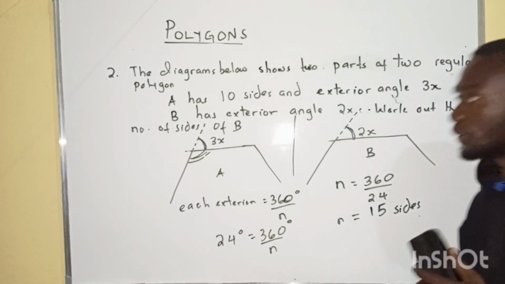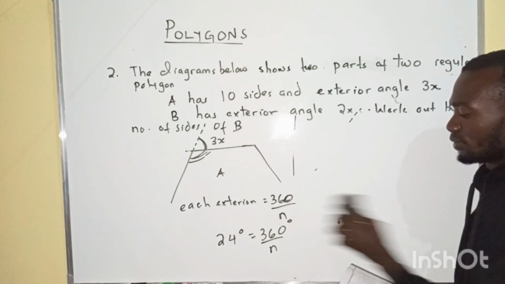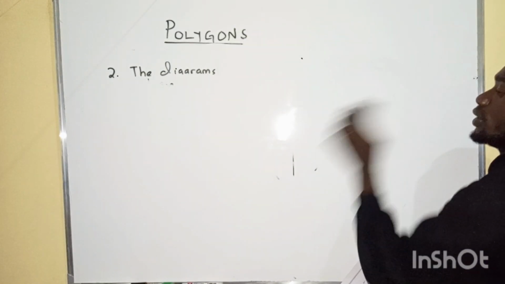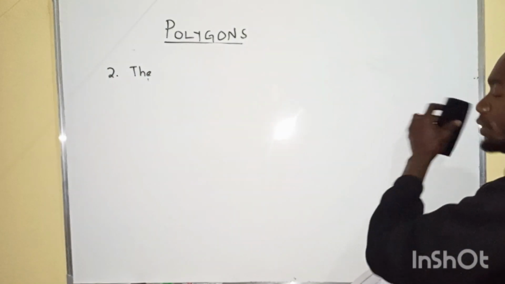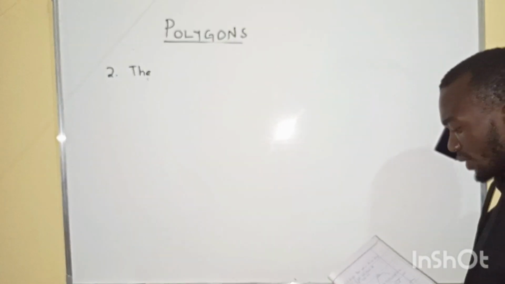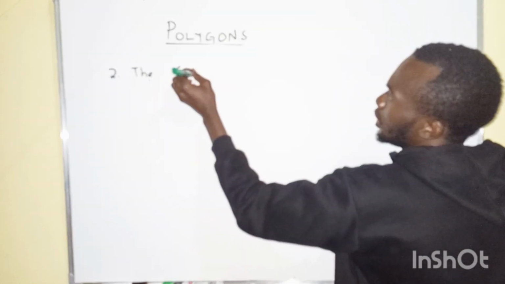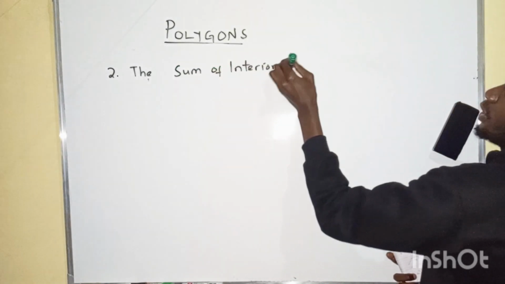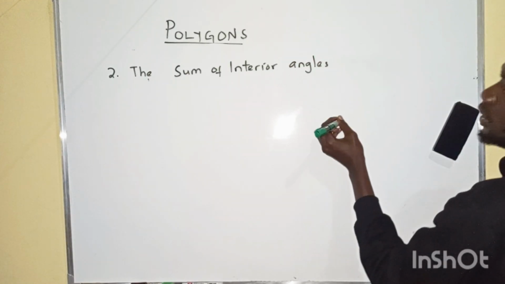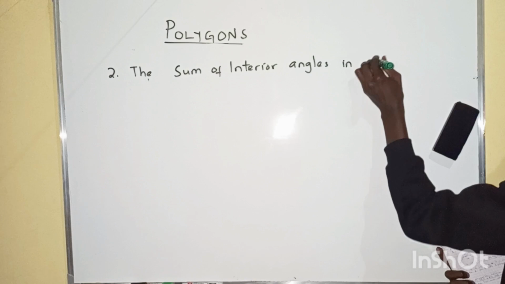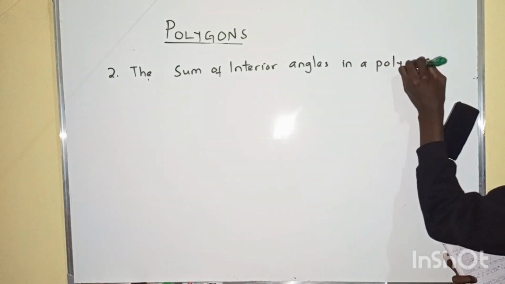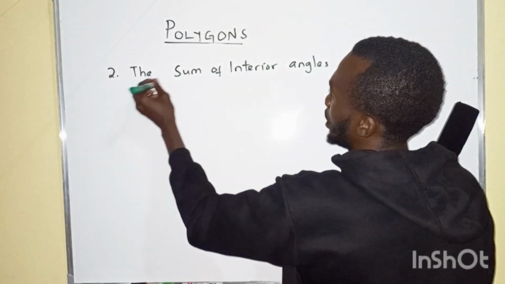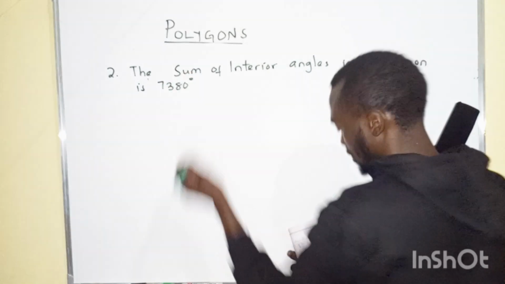And now the next question, number 3. I don't want to waste a lot of time. The sum of interior angles in a polygon is 7,380 degrees.